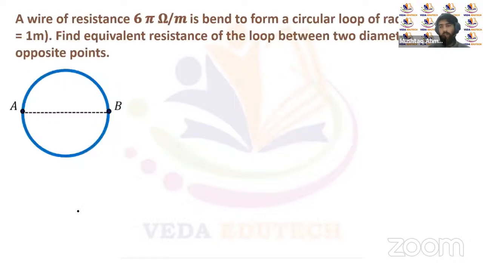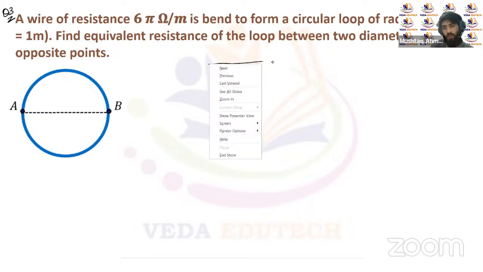Let's try to discuss the similar type of question. That's question number 3, right? You can see in this question number 3, a wire of resistance 6 pi ohms per meter, right? We have some wire, there is a wire like this. Let's suppose from A to B, we have this wire.